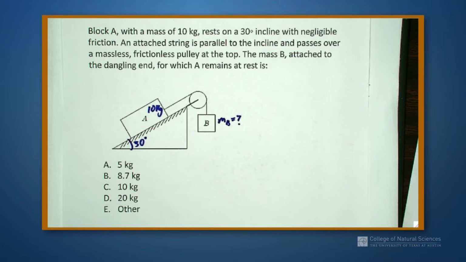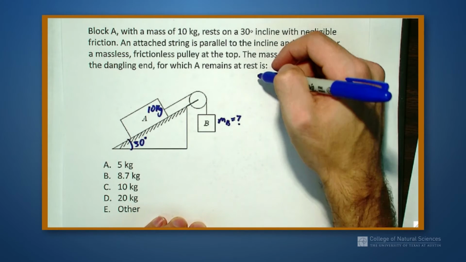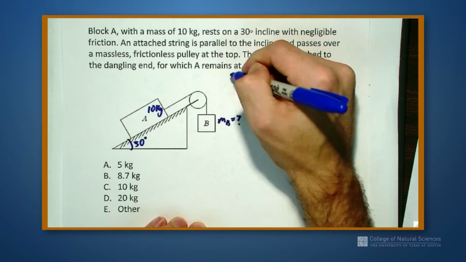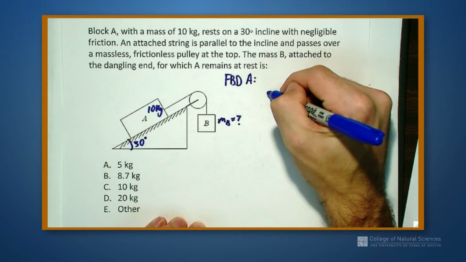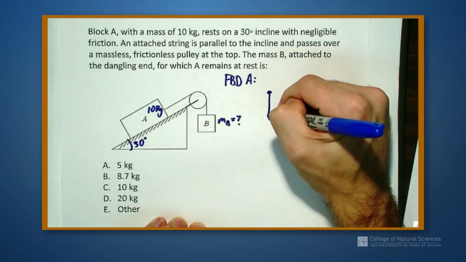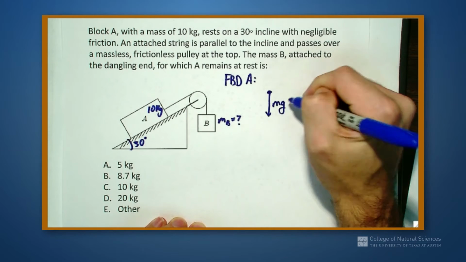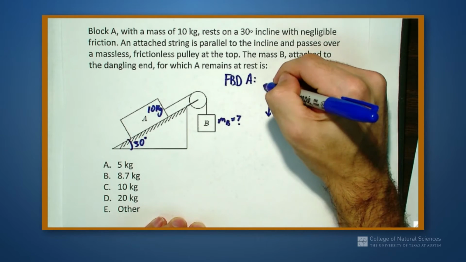All right, so I'm looking at this picture. I see I have two masses. I'm going to do two free body diagrams. Let's do the free body diagram. So free body diagram of A looks like this. It has an mg pointing down, a weight force pointing down.